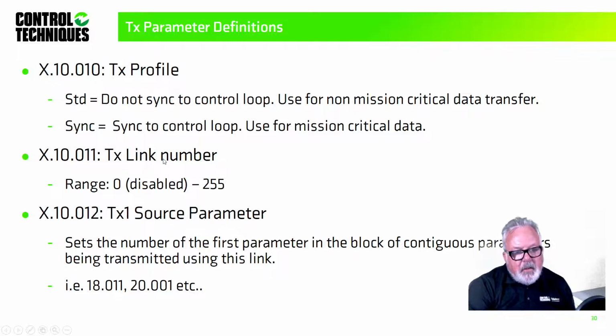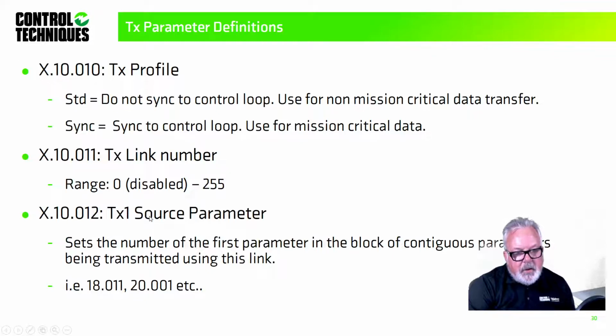Parameter 11 is the link number, right? So generally, 0 means that the transmitted link is disabled, but you can choose any number for the link between 0 and 255. Parameter 12 is where we're going to determine the source parameter.